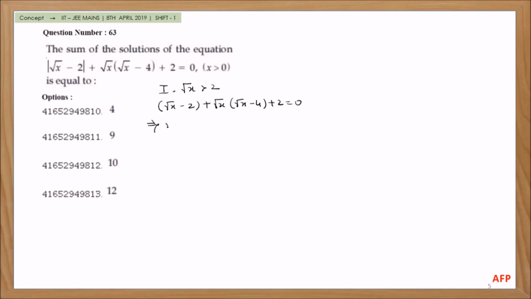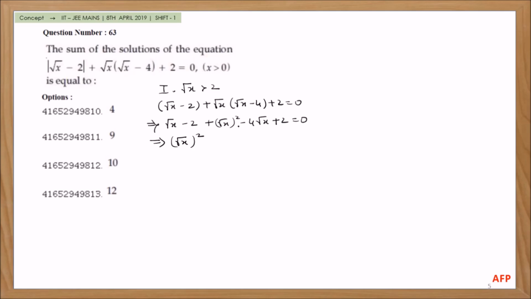This implies root x minus 2. If you multiply the square root of x inside, we get square root of x square minus 4 square root of x plus 2 equals 0. Square root of x square I will write as it is.